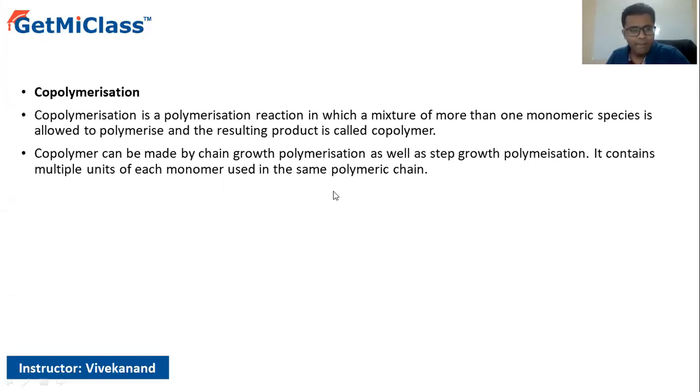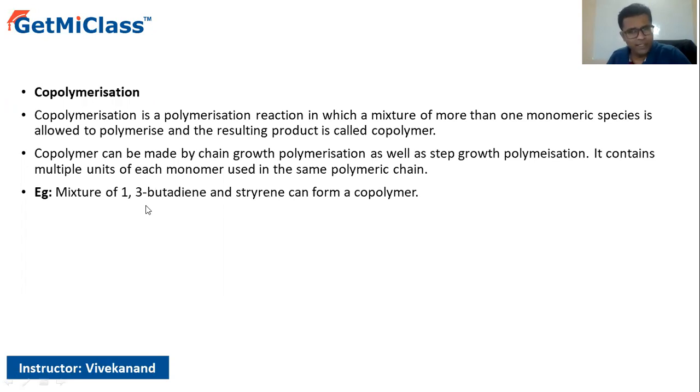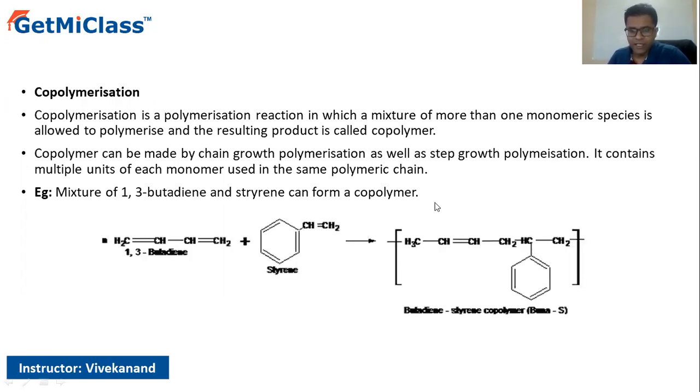It contains multiple units of each monomer that has been used in the polymeric chain. For example, the mixture of 1,3-butadiene and styrene can form a copolymer which is called Buna-S, right? So Buna-S is nothing more than the butadiene styrene polymer.